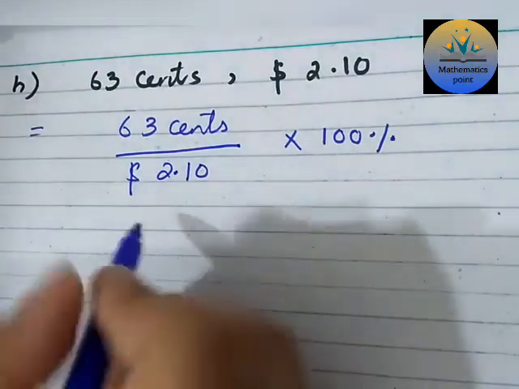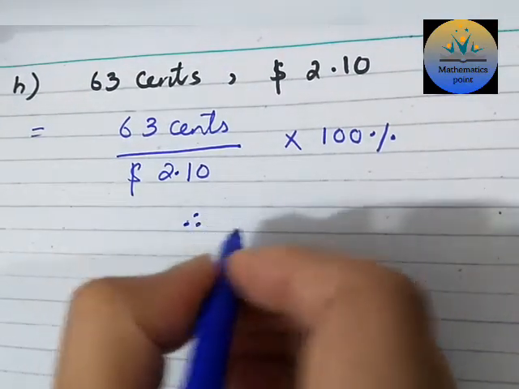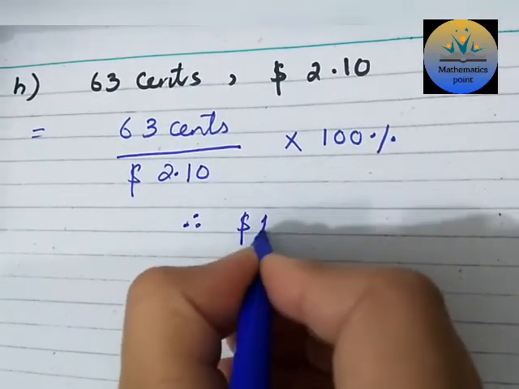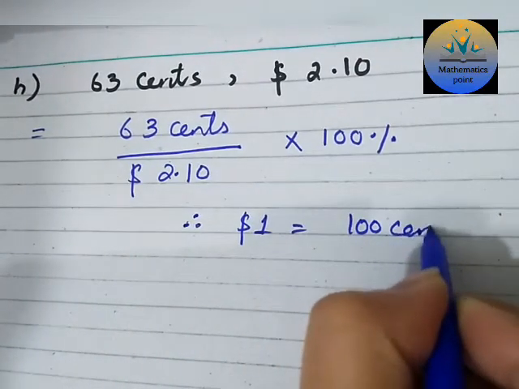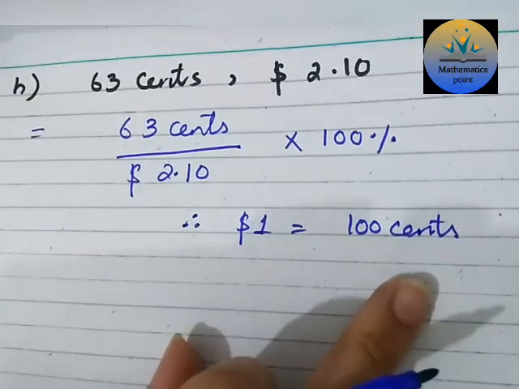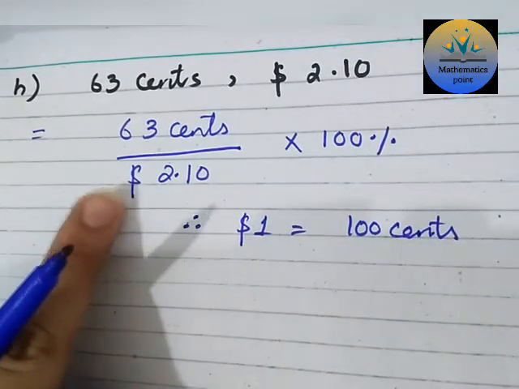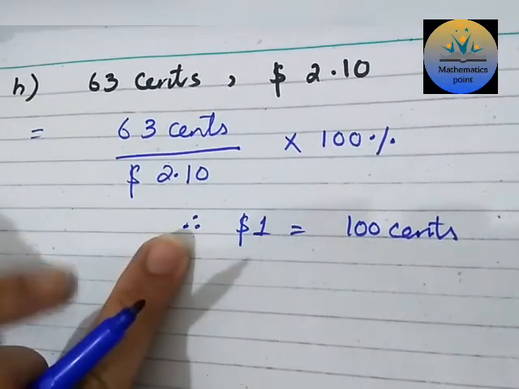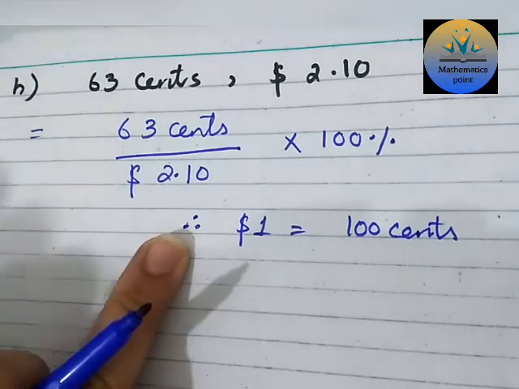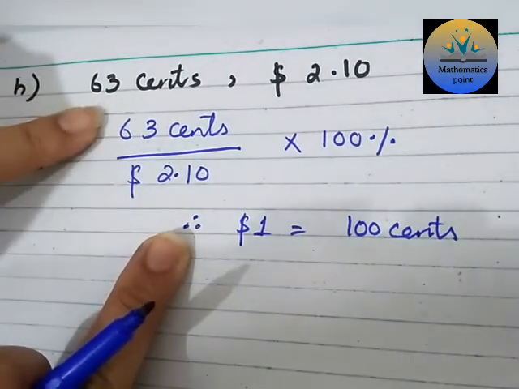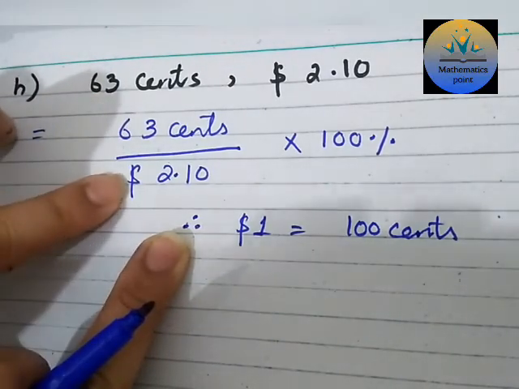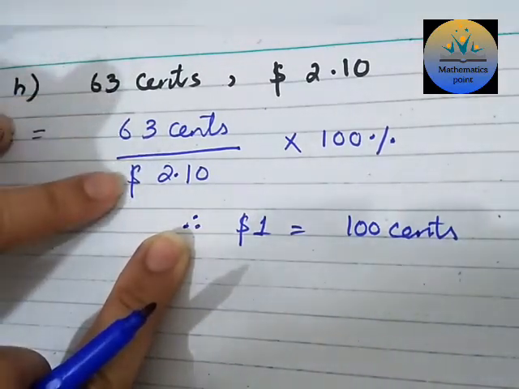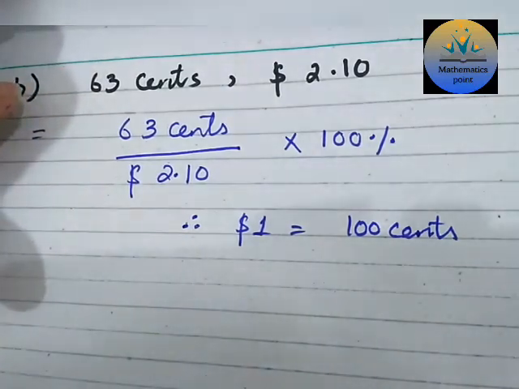So now, as we all know that in $1 there are 100 cents. $1 is equal to 100 cents. So firstly we convert this dollar into cents and then we solve the question. Now it is your own choice, you can convert this 63 cents into dollars, or you can convert this dollar into cents. So I'm going to convert this dollar into cents.